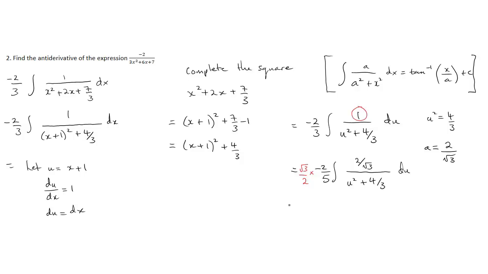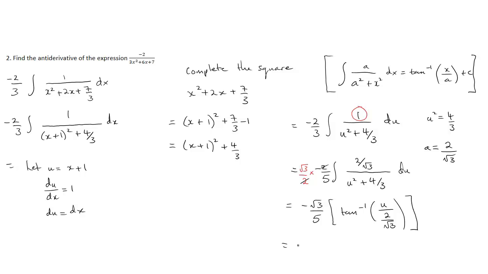All right, so now the next step is this and this cancel, and we get a minus square root of 3 over 5. And I will just go straight to the integration of this. There will be a tan inverse of u divided by 2 over square root of 3.